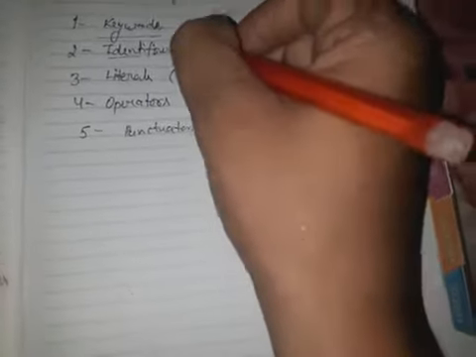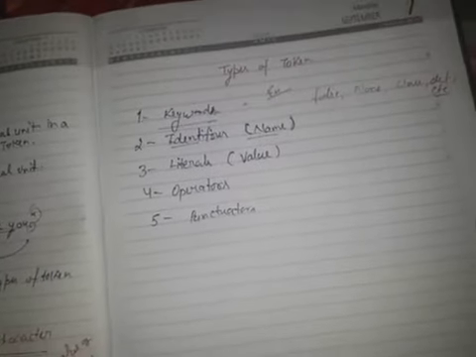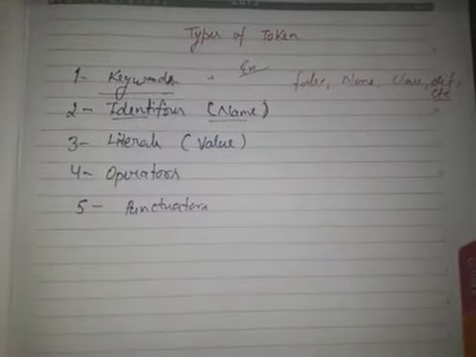Okay. Then second is the identifier. As I am writing here, the name. That means an identifier is used only for naming a class, function, variable and constant. Okay, the identifier also has two types: variable and constant.